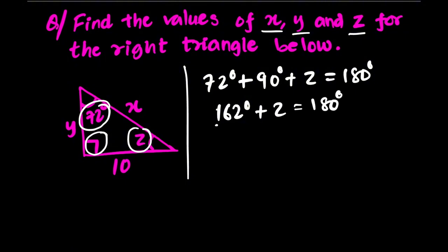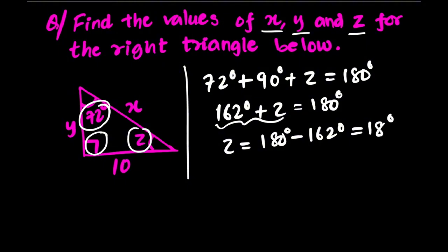Remove 162 degree from this side of the equation by subtracting 162 on both sides of the equation. So z equals 180 degree minus 162 degree, which equals 18 degree. So the value of z is 18 degree.